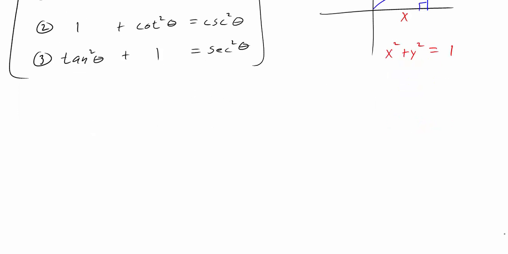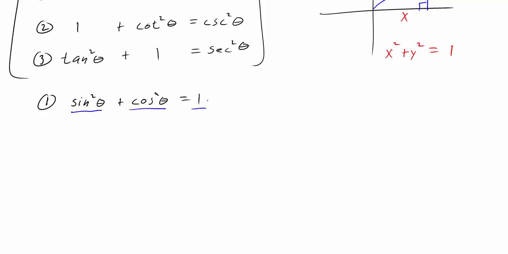So let me show you how we can derive these other two from the first one. If we start with the first identity, which is sine squared plus cosine squared equals 1, then we can divide both sides of the equation.